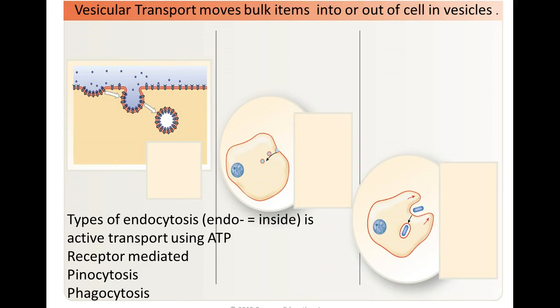This is going to be receptor mediated, meaning those ligand receptors are going to be sensitive to having that particular compound right outside. This can be cell drinking or cell eating. So endocytosis can be two different types: taking in fluids, or taking in solids, so pinocytosis or phagocytosis.